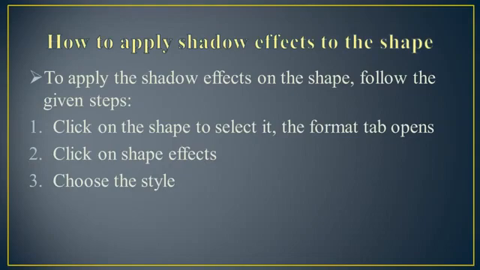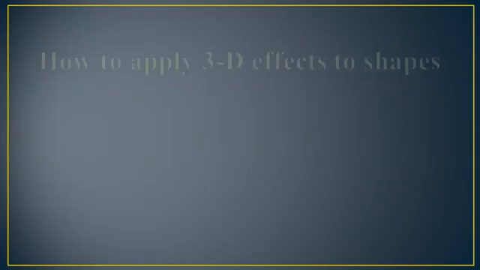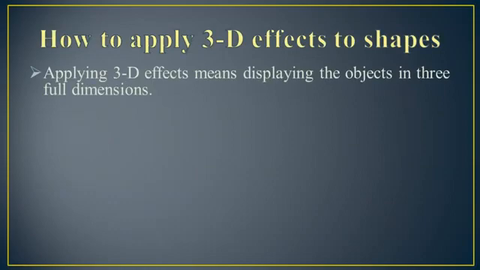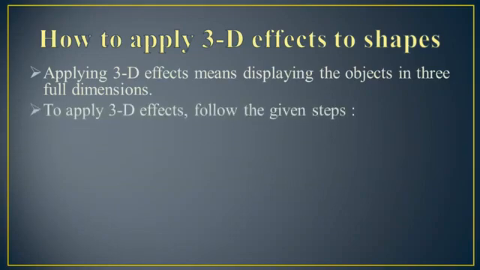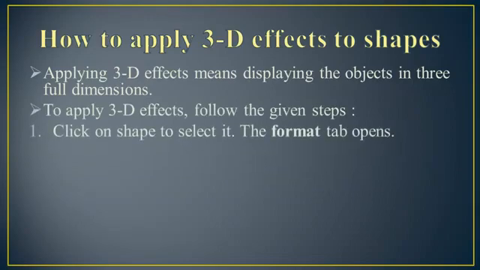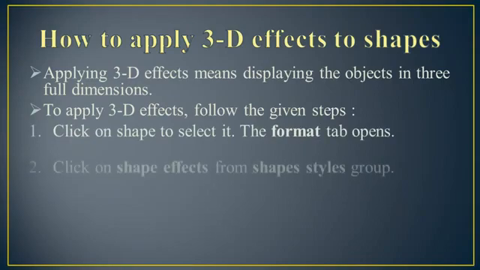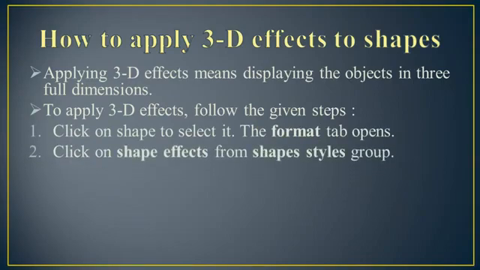Okay, move to next one, how to apply 3D effect to shapes. Applying 3D effects means displaying the object in three full dimensions. To apply 3D effect, follow the given steps. First one is click on the shape to select it. The Format tab opens, and the second one is click on shape effects from the shape style group.